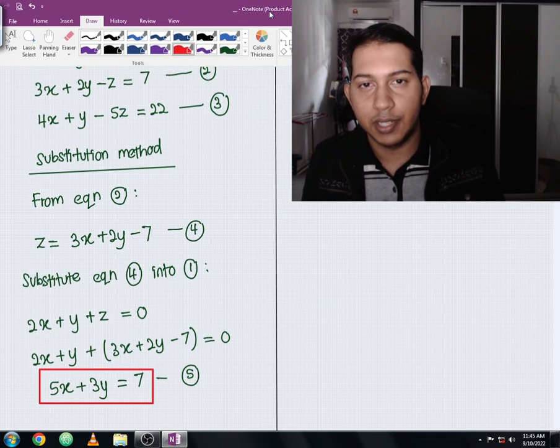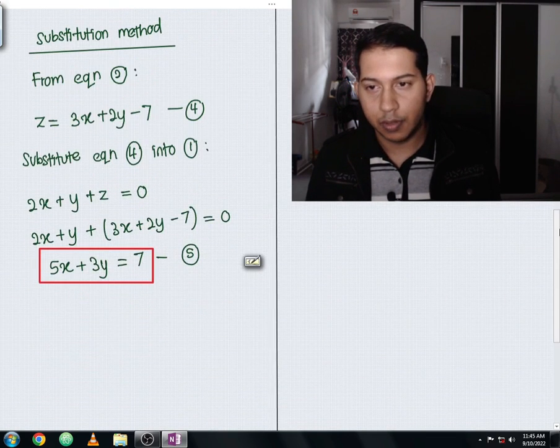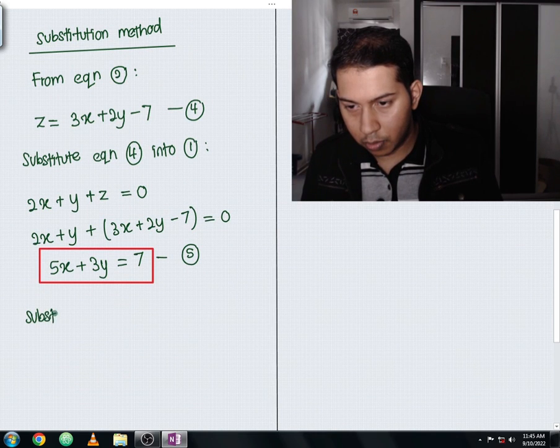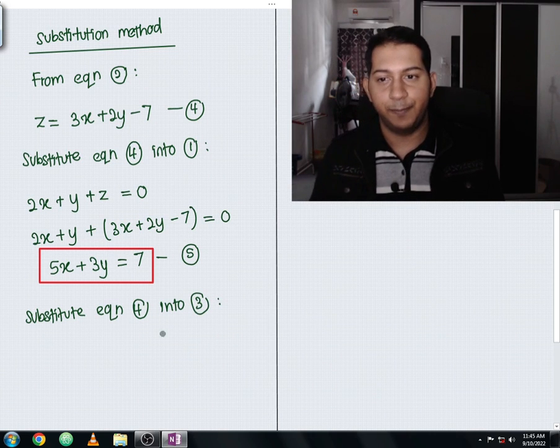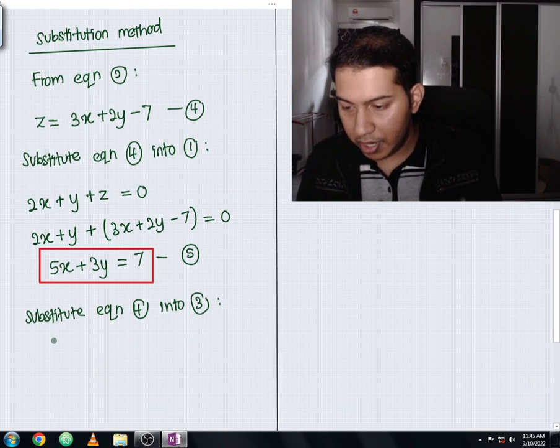So for the next step, we're going to substitute equation 4 into 3. So from here, what is your equation 4?